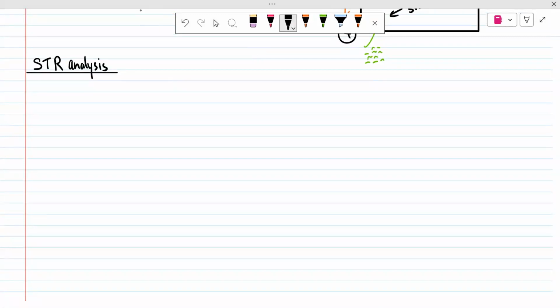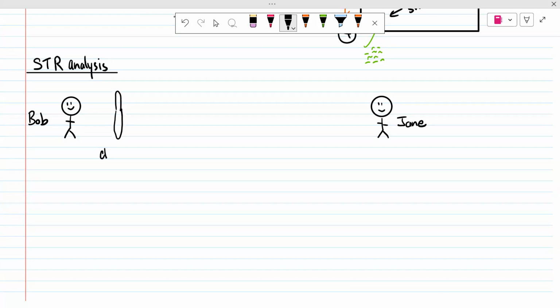So here for the STR analysis, let's say we have two people. Bob, and over here, we're gonna have Jane. Let's take a look at Bob's DNA, and we're going to look at chromosome 3.